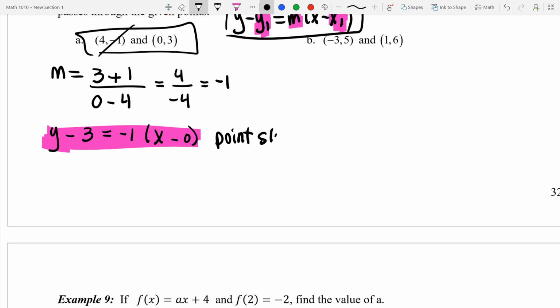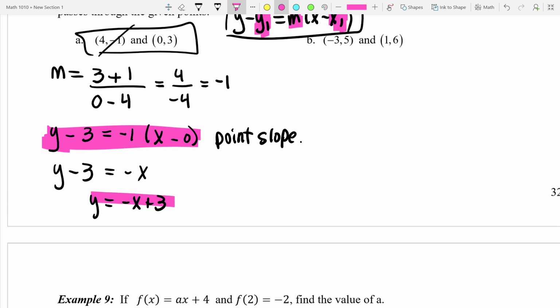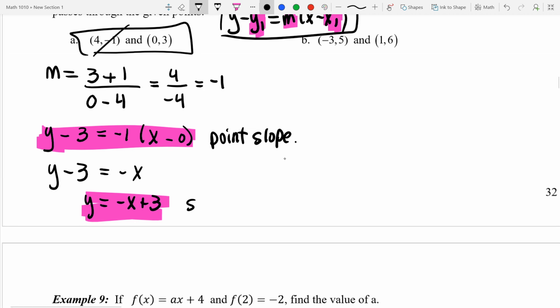They also wanted slope intercept, which means solve for y. So you have y minus 3 equals negative 1 times x, which is negative x. Negative 1 times 0 is just 0. Move my 3 over, and I get y equals negative x plus 3. Highlight my answer, and that is called what? Don't peek. Slope-intercept. Good, write that down.